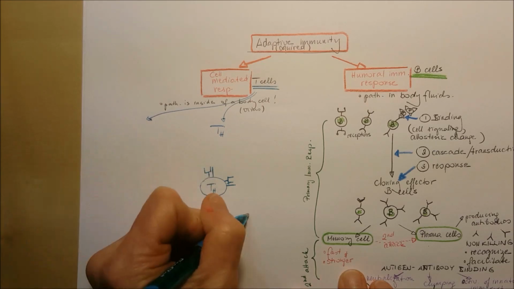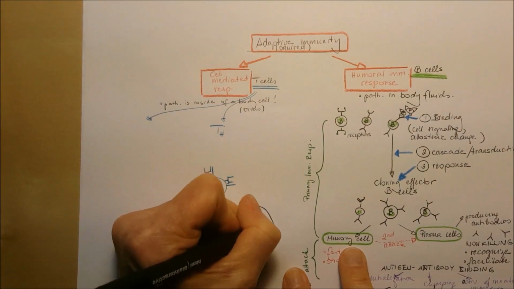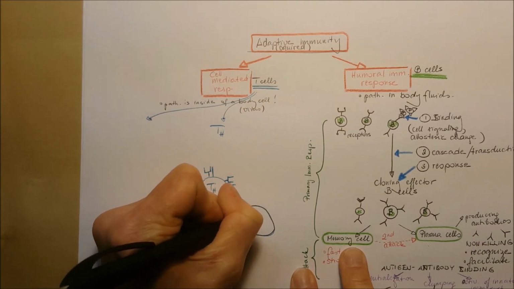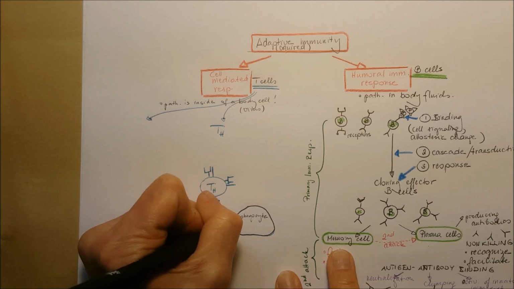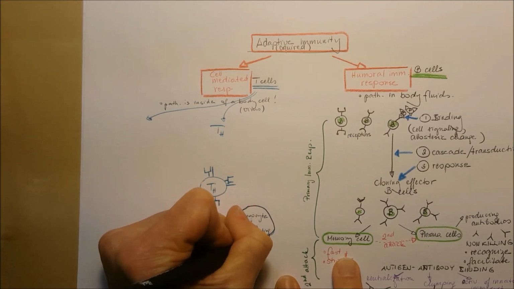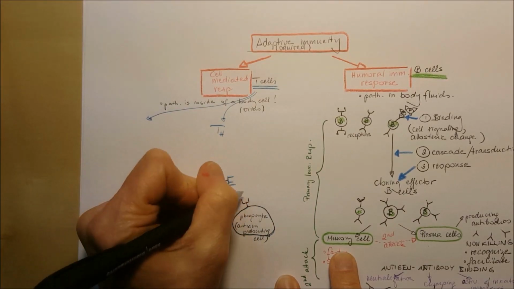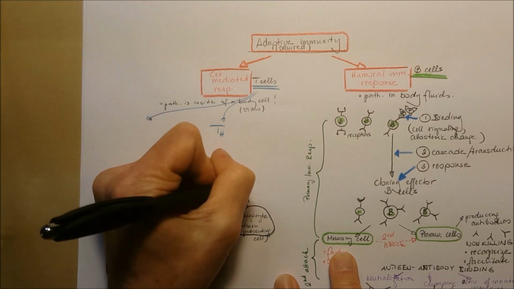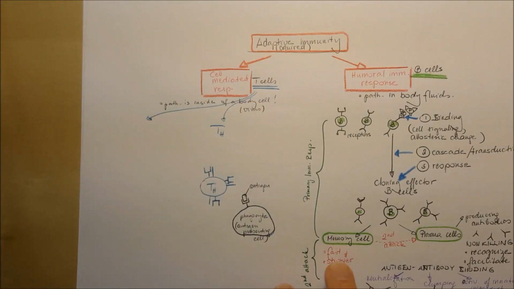The receptor and a self-protein. And here is the antigen-presenting cell, such as a phagocyte. The phagocyte ate the pathogen, but will put the antigen from the pathogen on its surface. So it just ate, but here's the receptor, and in the receptor it puts a small part of the antigen that the phagocyte ate.